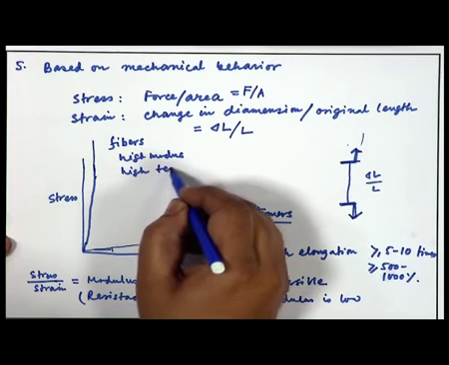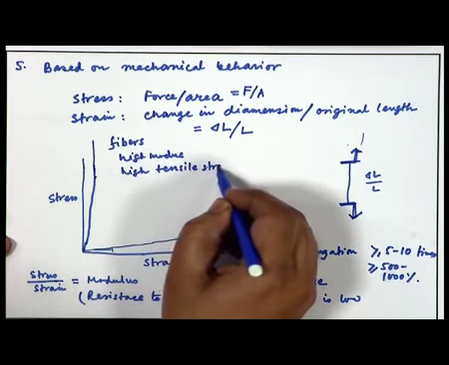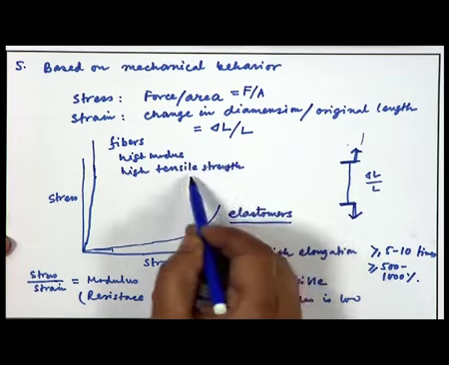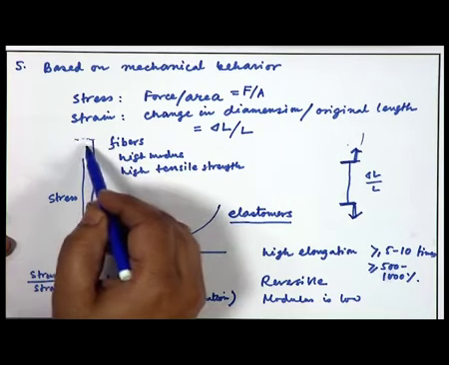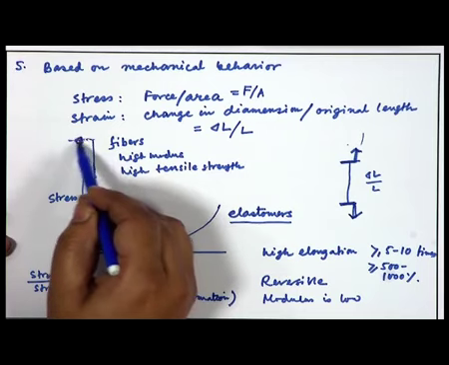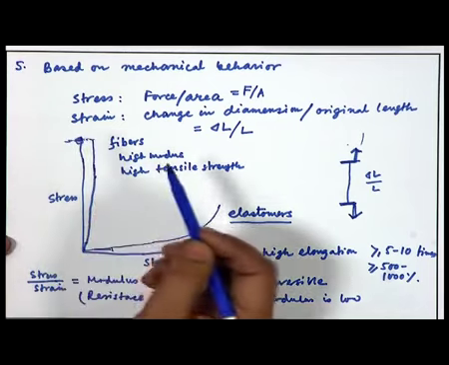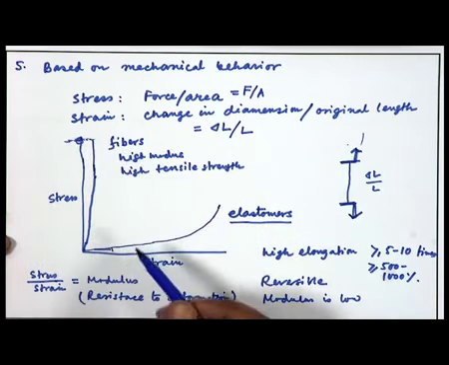High tensile strength is the highest stress a polymer can resist before it ruptures. The value of this stress is the value which it can resist before it can rupture.